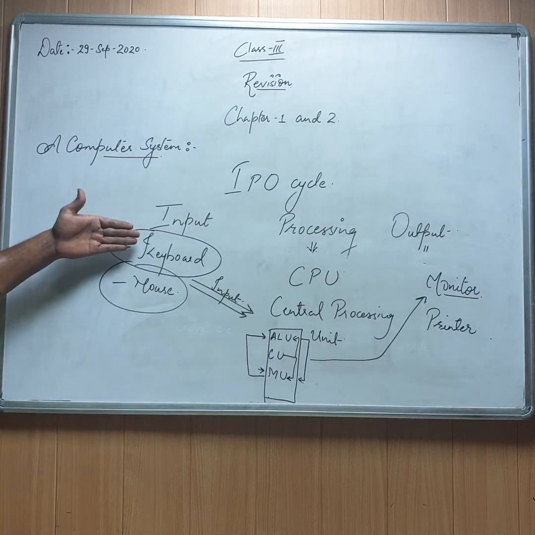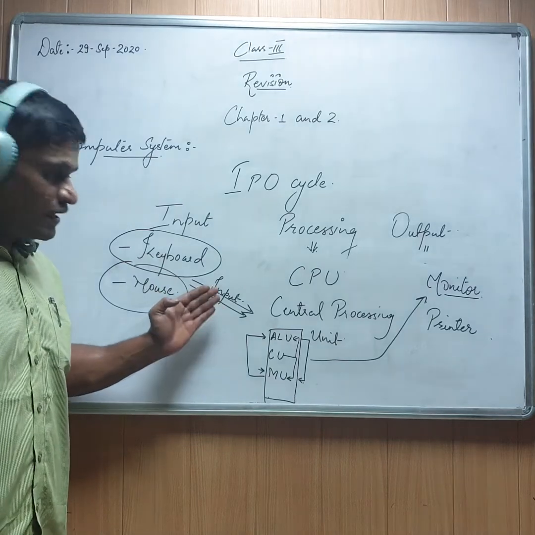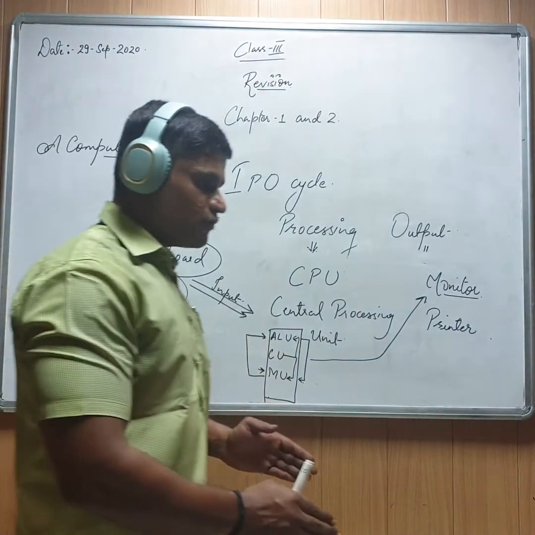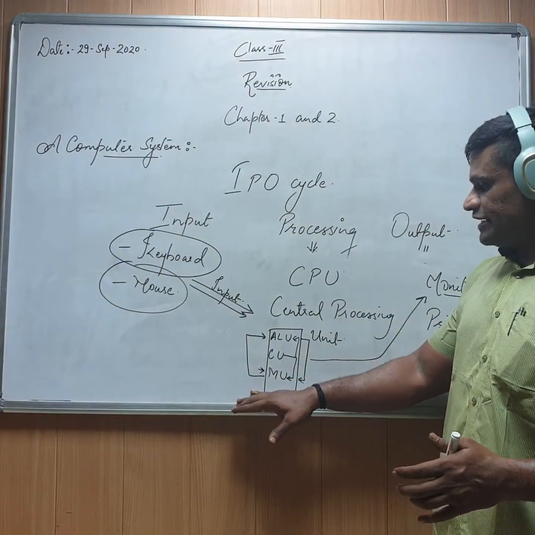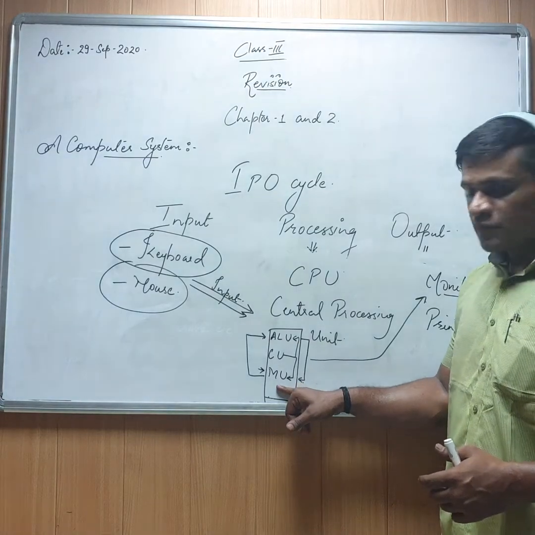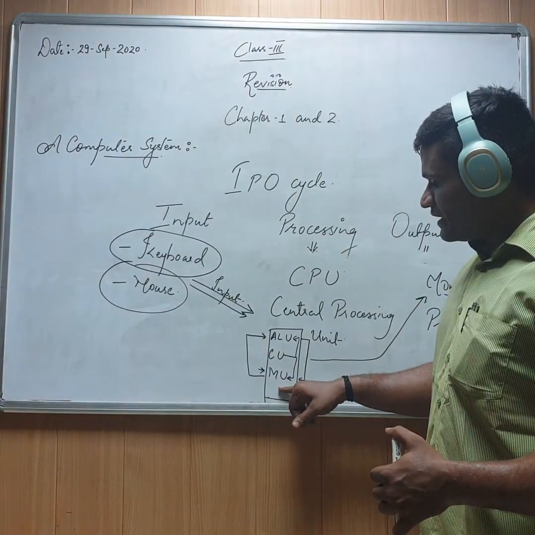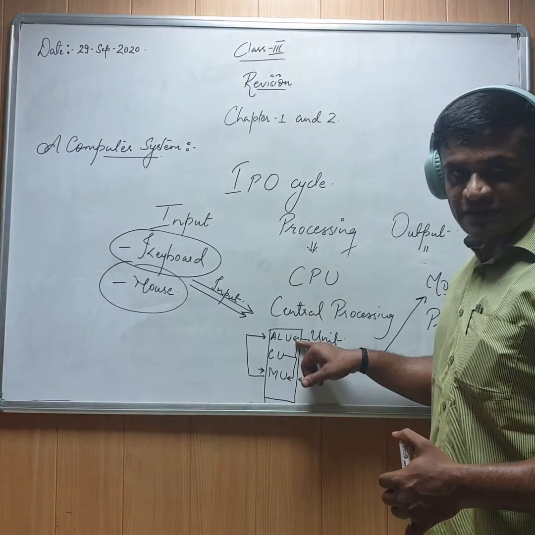Again, from the keyboard or the mouse, that is, from the input device, we receive input. The input is stored in the memory unit. As I told you, before going for any processing, the computer will store the data in the memory unit. This is the memory unit. The data is received by the ALU for processing.